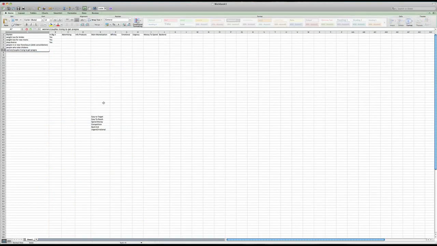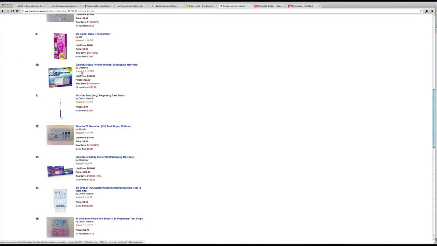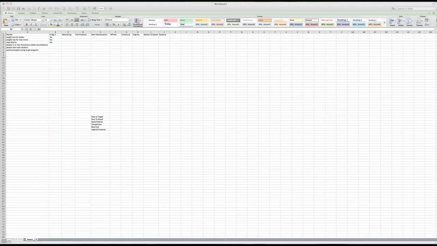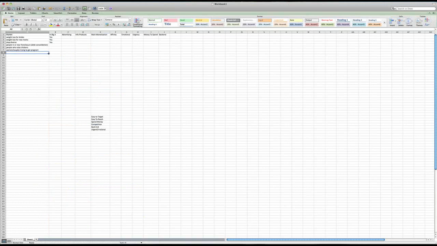So we took that physical product and brought it back to that market, the group of people that would use it. Again, we're not going to just go to Amazon and say, oh, that's a good seller, so we're going to promote fertility monitors. No, that may be something to promote, but there may be another way to approach that as well.